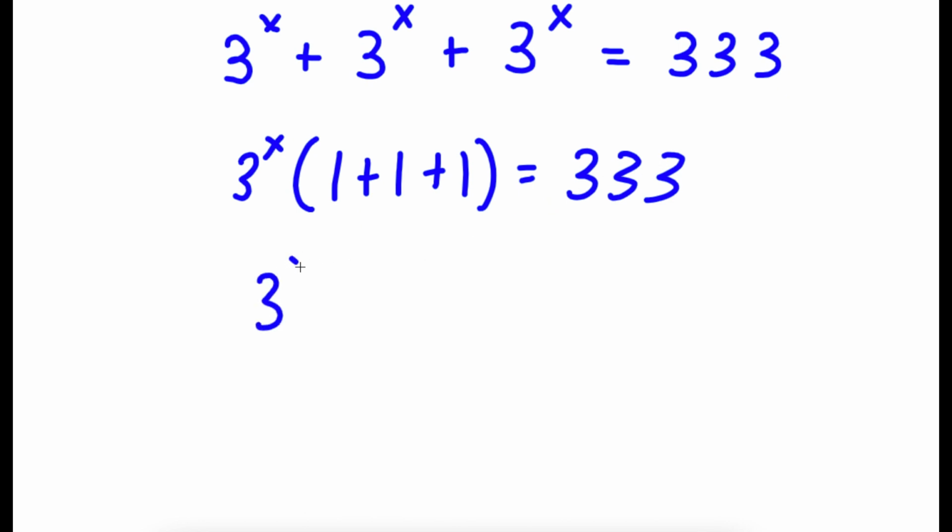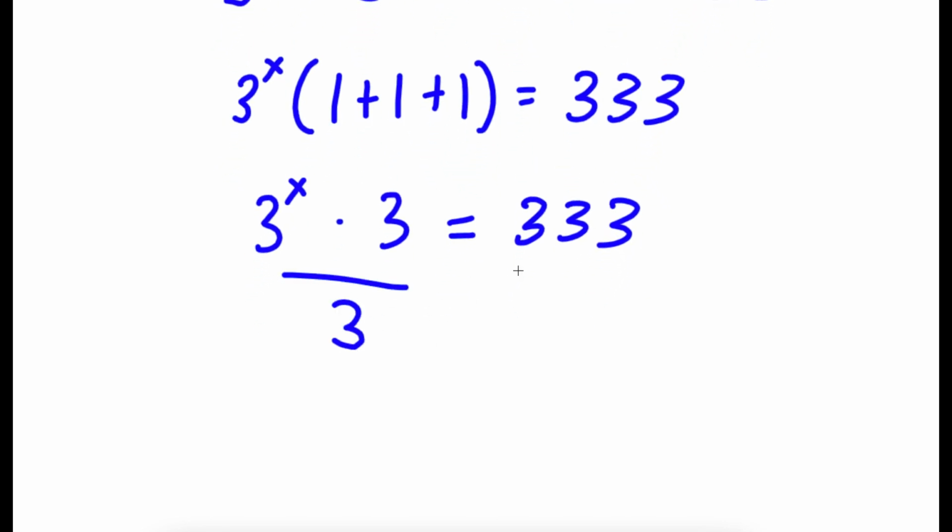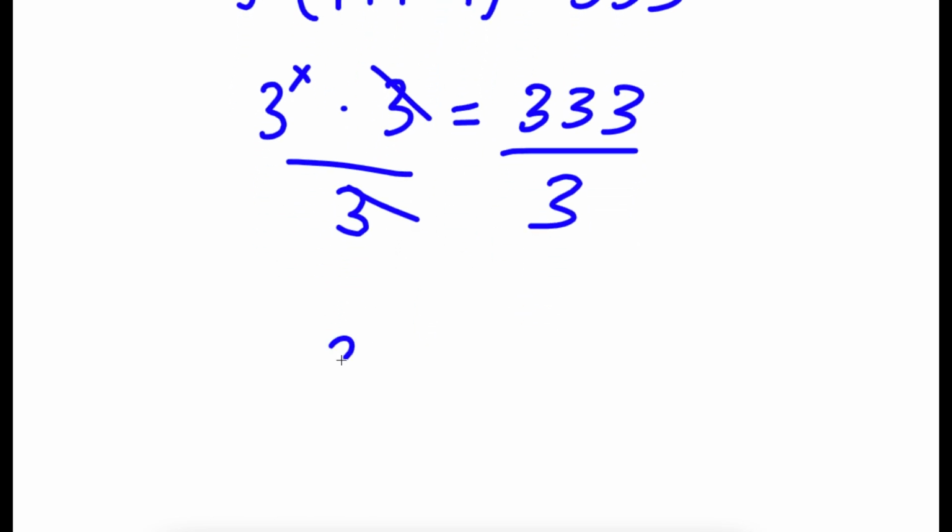So now I have 3 to the power of x times 3 is equal to 333. Now from here, I'm going to go ahead and divide both sides by 3. So then these two cancel out, and now I have 3 to the power of x is equal to 333 divided by 3, which is 111.